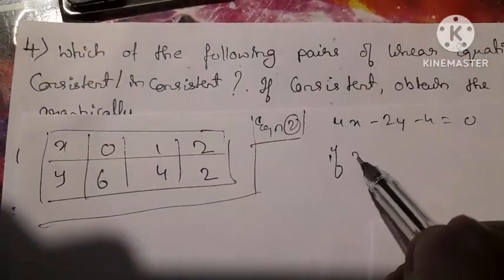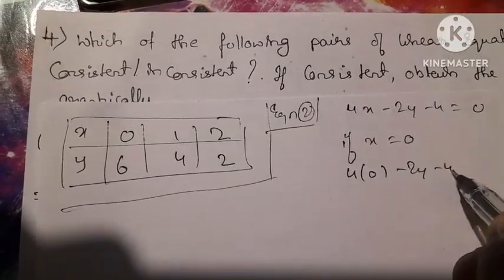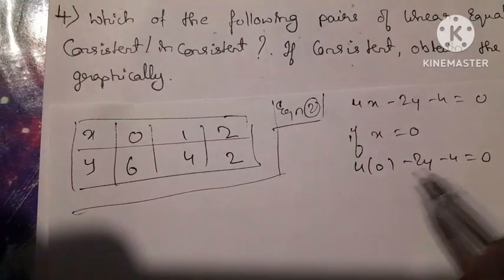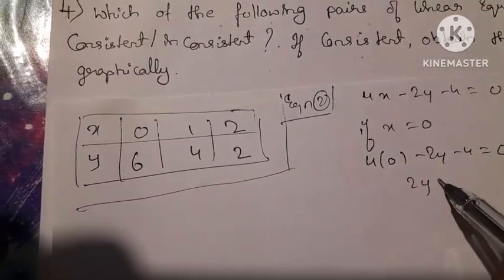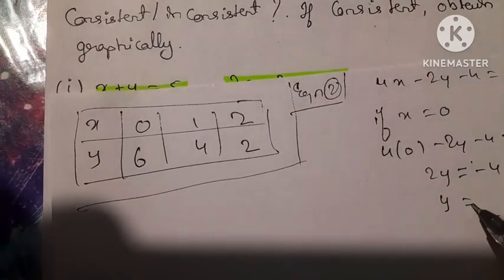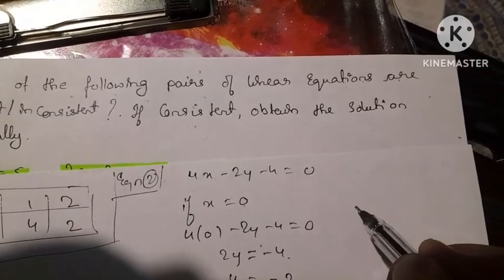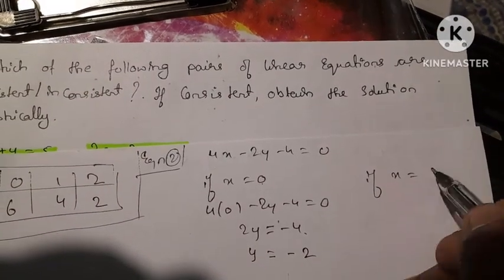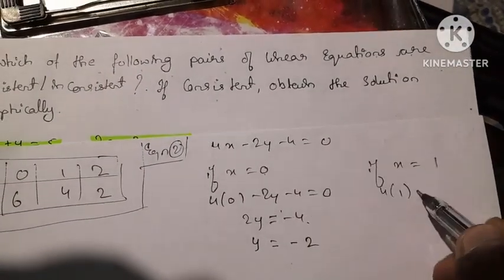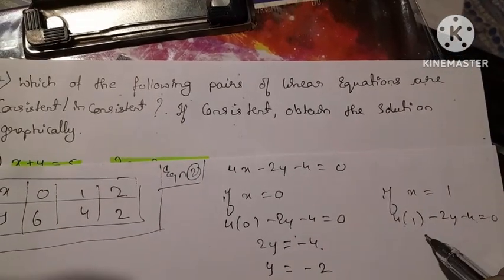So if x is equal to 0, 4 into 0 minus 2y minus 4 equal to 0. So if I send it here, 2y equal to minus 4. So y equal to minus 2. If x is equal to 1, 4 into 1 minus 2y minus 4 equal to 0. 4 minus 4 will be 0.